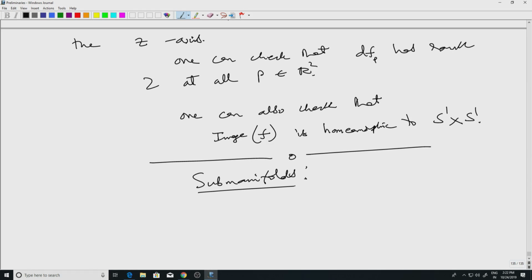I will be focusing only on one. There are essentially two classes of submanifolds one studies: immersed submanifolds and embedded submanifolds. I'll focus only on embedded submanifolds. So let me define what an embedded submanifold is.